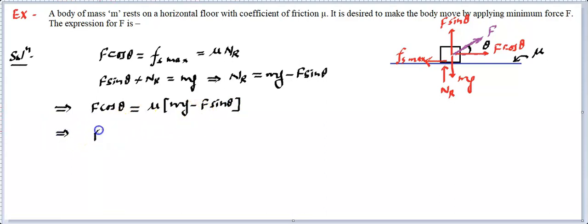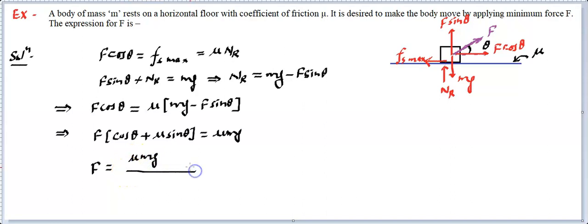If we collect this F together, you'll find F in bracket is going to be cos theta plus mu sin theta. This will be equal to mu mg. Right, so from here you can find the value of F is going to be equal to mu mg divided by mu sin theta plus cos theta.